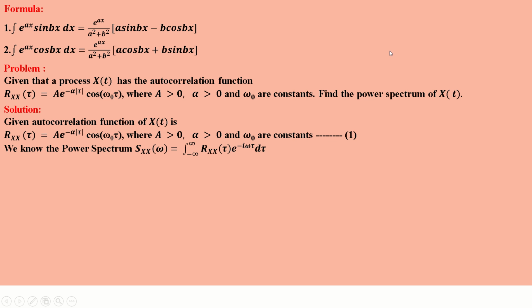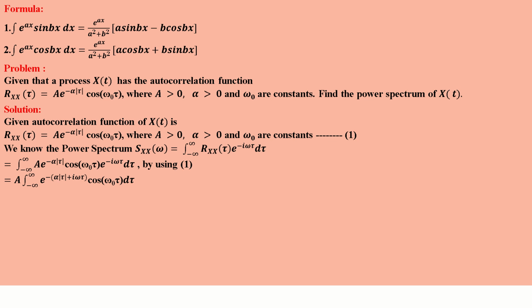We know power spectrum is the Fourier transform of autocorrelation. So Fourier transform of r xx of tau is equal to integral from minus infinity to plus infinity r xx of tau e power minus i omega tau d tau, substituting the r value from equation number 1, integral from minus infinity to plus infinity a e power minus alpha modulus tau cos omega naught tau e power minus i omega tau d tau.